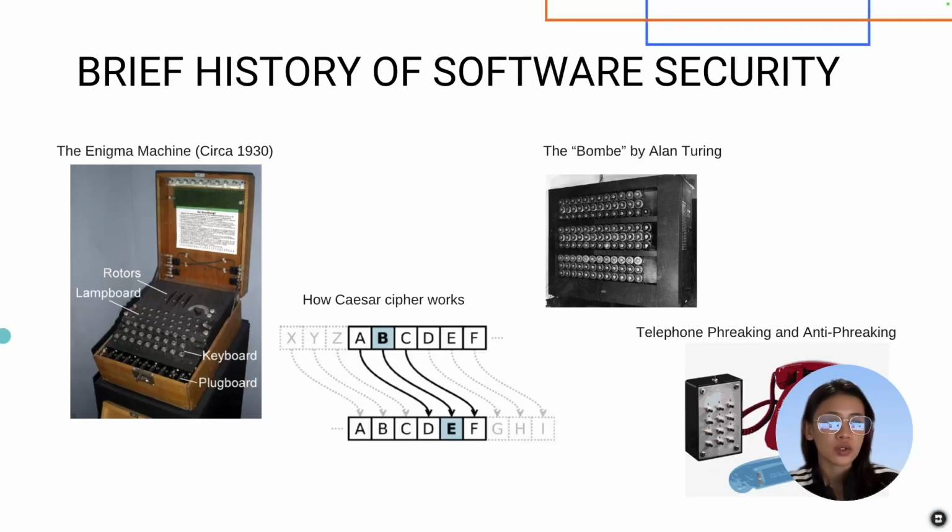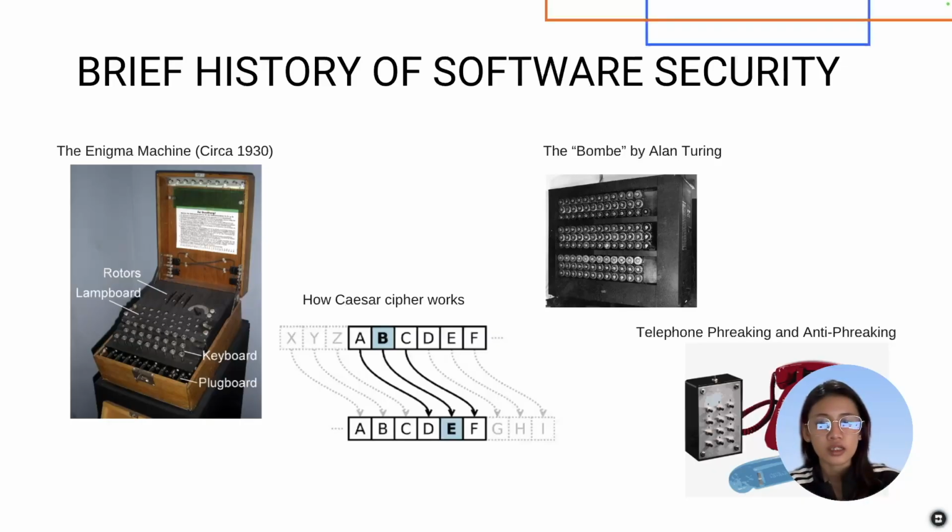Now next, let's go with the Bombe by Alan Turing. The Enigma machine was ultimately broken by the Bombe. This is also an electric-powered mechanical device designed to reverse engineer the rotor settings of the Enigma machine.